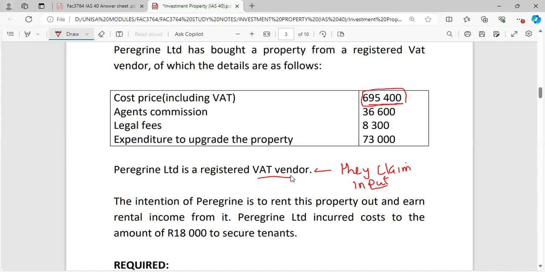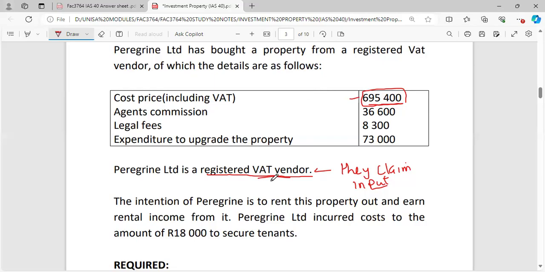That is, if we are a registered VAT vendor, we need to take out the VAT from the cost. But if we are not, then it means we are going to bear this full cost because we cannot claim input tax. So in your question, always look, as long as something talks about VAT, at whether they are a registered VAT vendor, so that when you calculate the cost of the asset, you know how to treat that VAT.